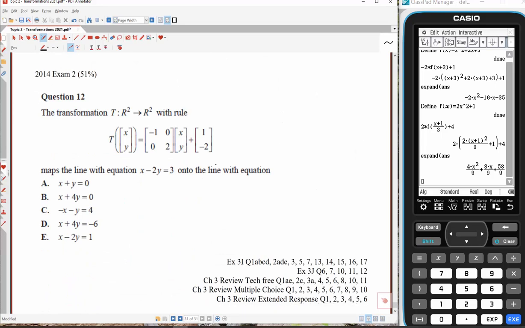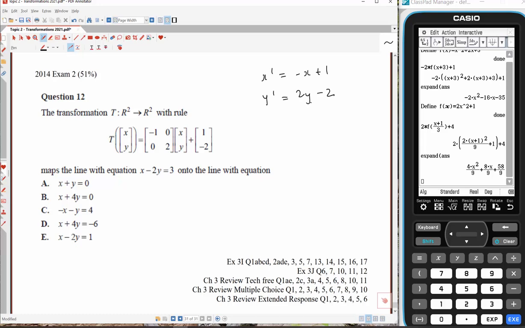Okay, final question here. Transformation with this rule, that's line with this equation onto the line with which equation? So this is x dash equals -x plus 1, y dash equal to, you can hear my wife sneezing in the background there, 2y take 2.